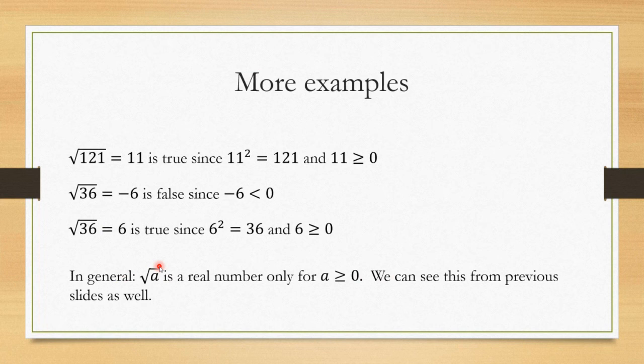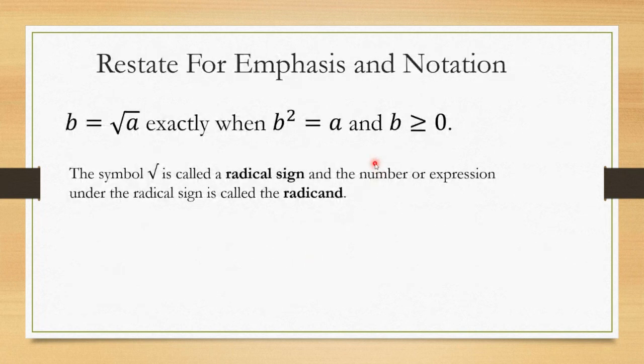If we were working with complex numbers, then we would take square roots of negative numbers, but we can't do that here. So this is only going to make sense if a is non-negative. It actually comes from previous slides. From here, we have a has to be b squared, but if you square any number, you have to get something non-negative. So that's where it comes from.